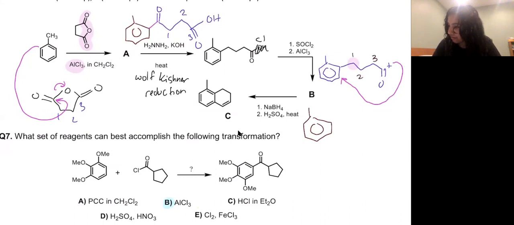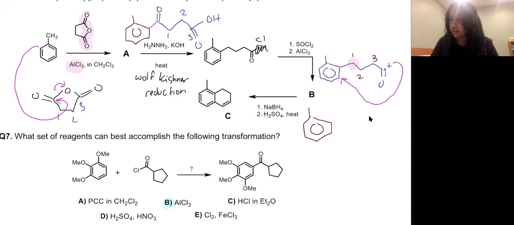I have to number the carbons again. Why I chose that carbon? So on the benzene, we have two directors. We have this R group and this R group.